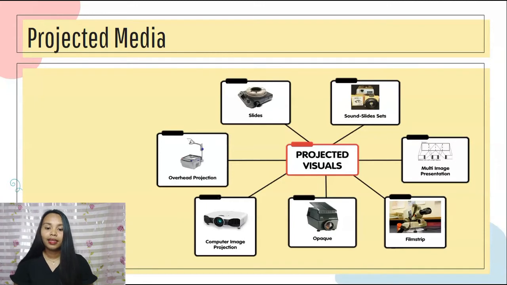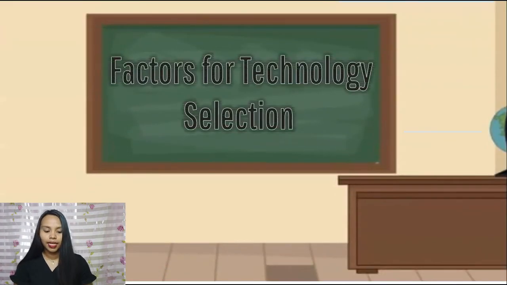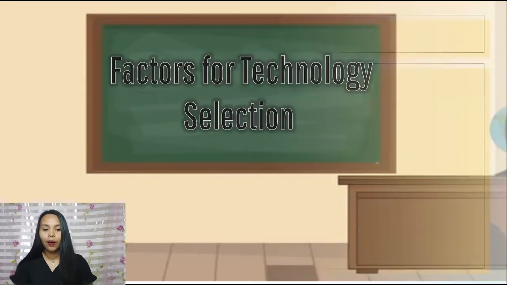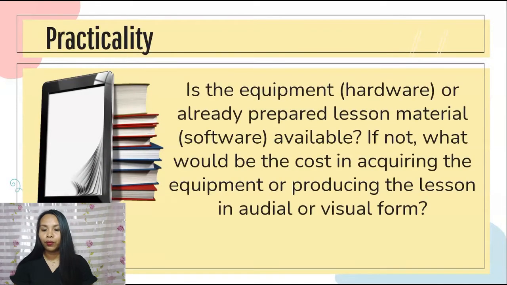Now, let us move on to the factors for technology selection. The first one is practicality. In practicality, we will be answering the question: is the equipment or already prepared lesson material available? If not, what will be the cost in acquiring the equipment or producing the lesson in audio or visual form?